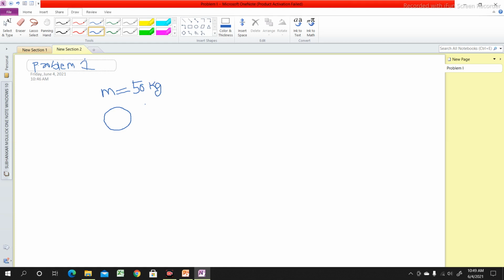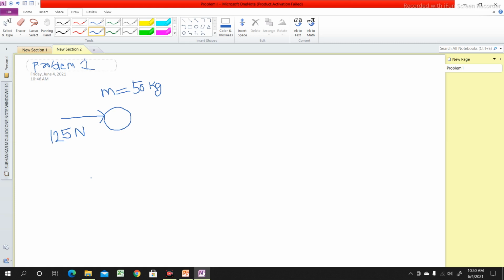When it is acted upon by a force of 125 Newton, that means on this body a force of 125 Newton is applied. So let us apply a force of 125 Newton on this body. In this question the direction of the 125 Newton force is not given, so you are free to choose any direction. I have chosen this direction, along the positive x-axis.